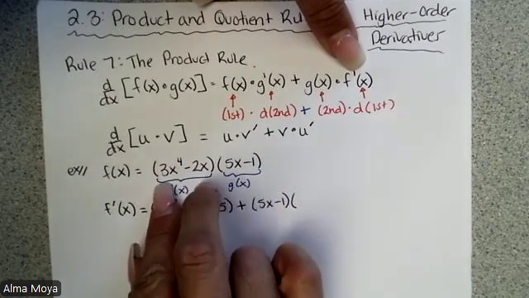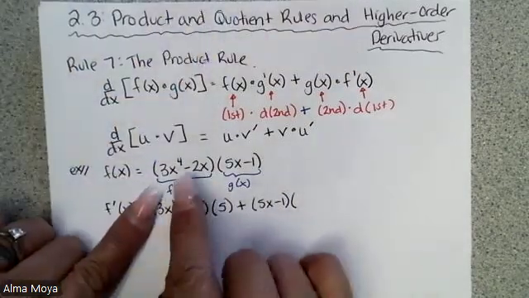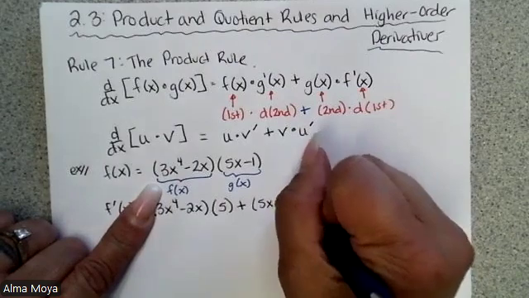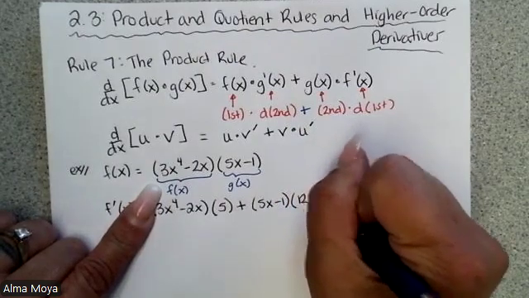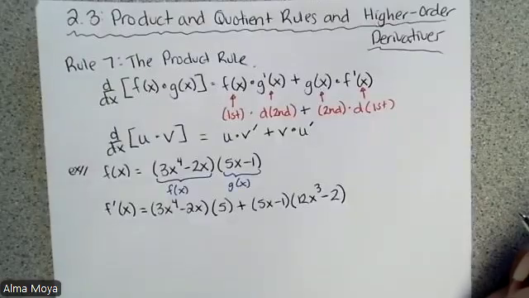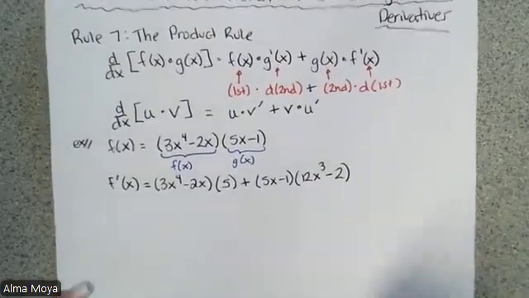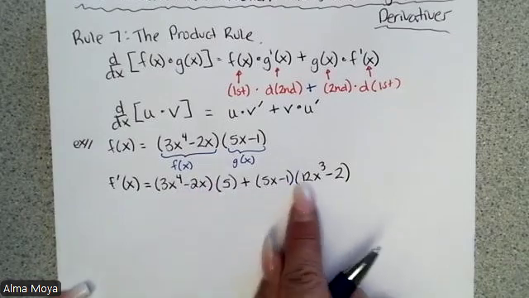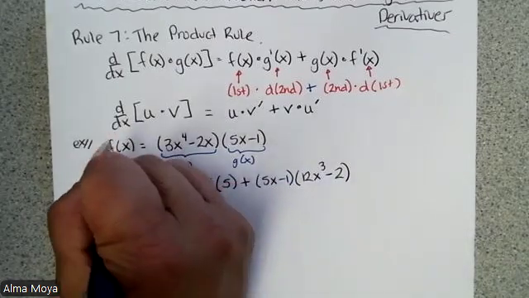Now, the derivative of the first function, make sure you are putting in parentheses, because right here, when I bring the 4 down, I get a 12x, decrease the power. And then the derivative of 2x is just 2. I'm now going to simplify this. So I'm going to go ahead and multiply the 5 here, and then I'm going to distribute this out.